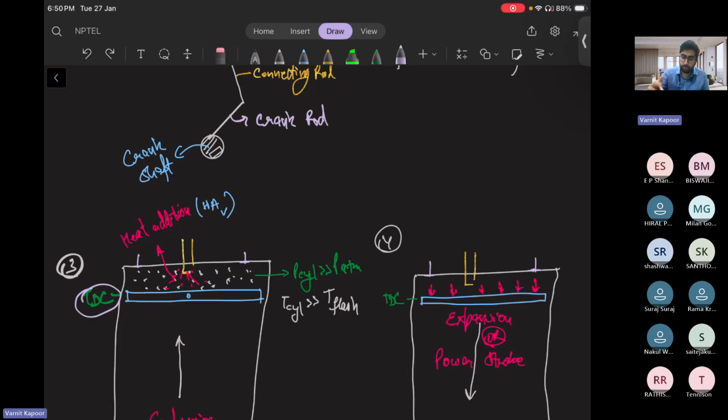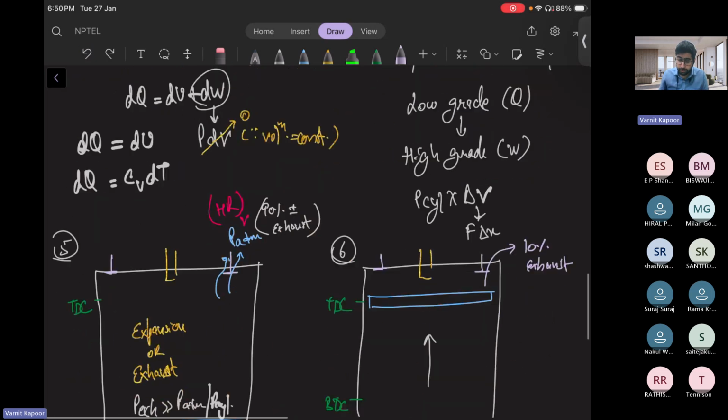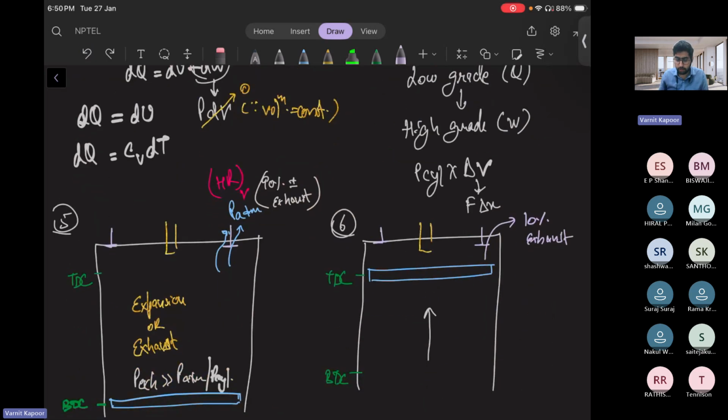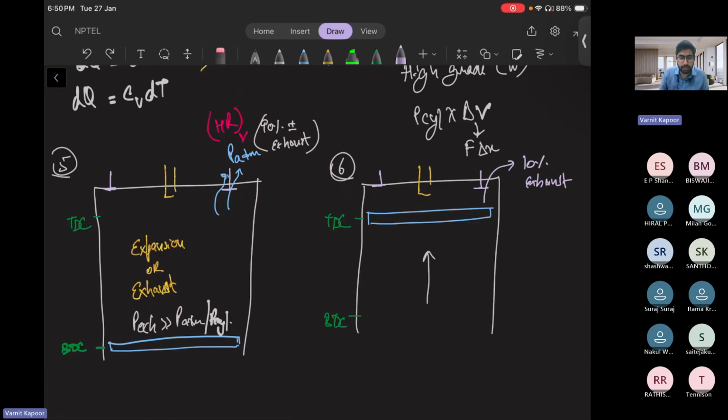During exhaust, yes, definitely. You want your gases to come out, so your exhaust valve should be open. That's why I made an open sign. So I was saying about the clearance volume.